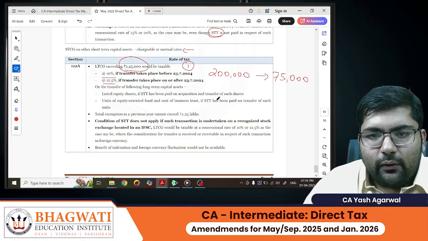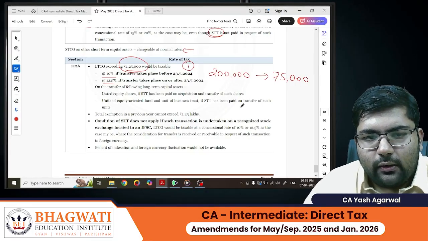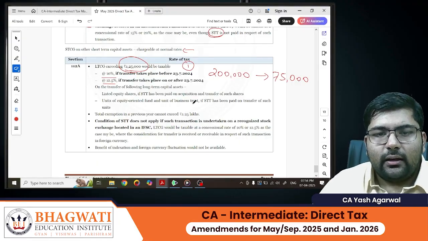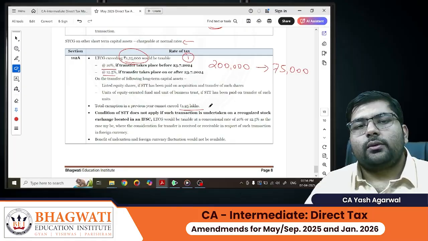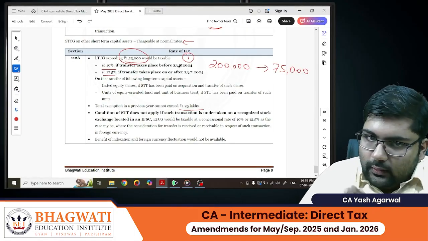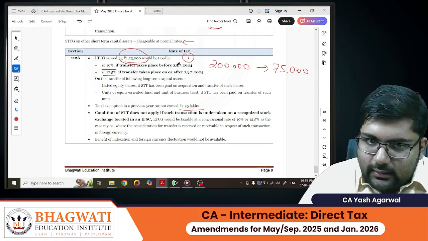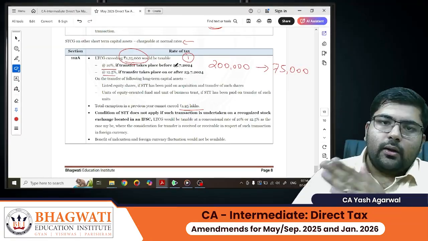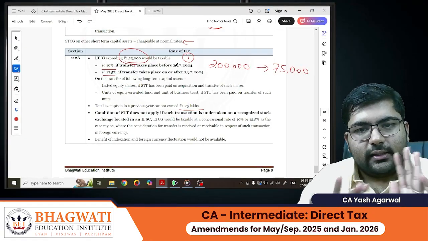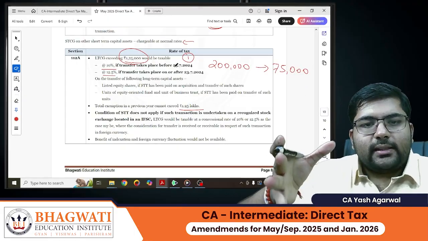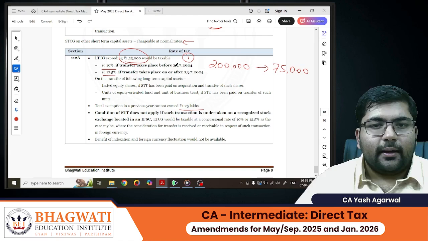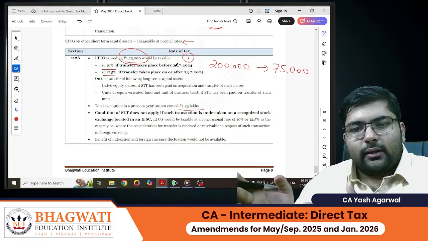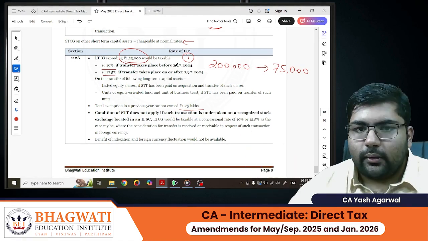Condition: STT paid on acquisition and transfer for listed equity shares, on transfer for units of EOF and units of business trust. Total exemption will not exceed 1.25 lakhs. So the assessee cannot say 1.25 lakhs on the transfer before 23rd July, and a further 1.25 lakhs on the transfer on or after 23rd July. No such provisions are there. The total exemption in a previous year is 1.25 lakhs, whether the entire transfer is before 23rd July, entire transfer is on or after 23rd July, or transfer is spread across the year.